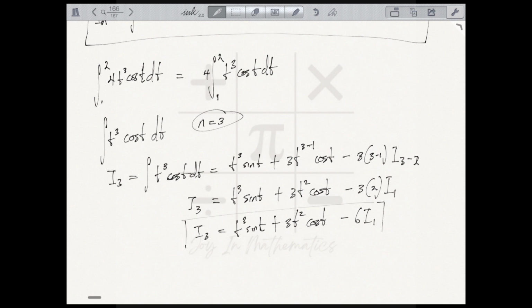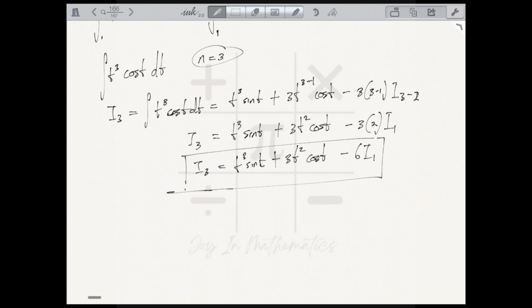Now we are able to evaluate an expression for I_3, and in I_3 we have to look for I_1. So let's evaluate I_1 now.